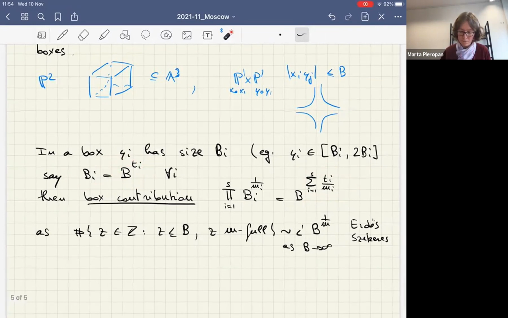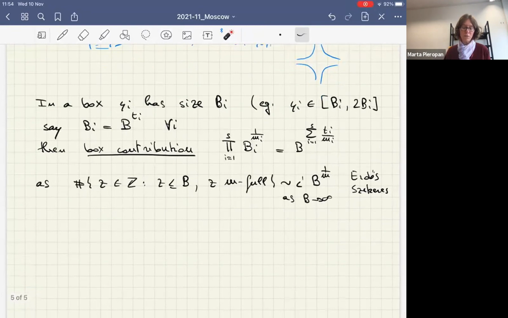So now there are two things that one has to understand. First, when does the box live in the area of summation that we're interested in? When does the box satisfy the height condition?